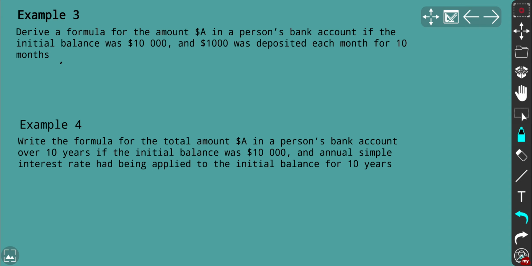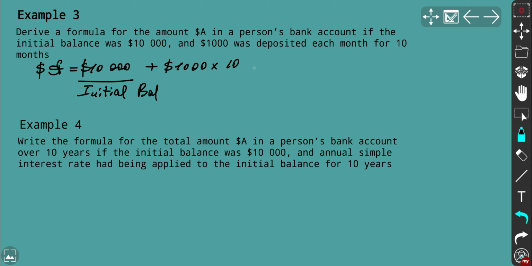So the initial balance, so that's why the final balance A is going to be equal to 10,000, which is the initial amount or initial balance. And on top of that, we need to add $1,000 each month for 10 months period. So what it means is that we have $1,000 and we need to multiply it by 10 months because that's our period.